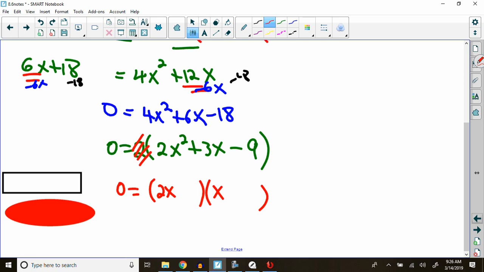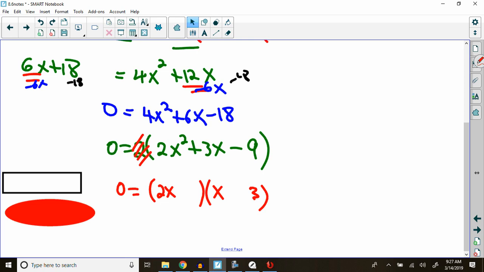If I plug in a 9 here, that's going to give me 18. That's too much. If I plug in the 9 over here, I'd have to do a 1 here, and that'd be 7 or 11. That's not going to work. So 9 and 1 can't work. So I guess I have to do 3 and 3. Will that get it done?